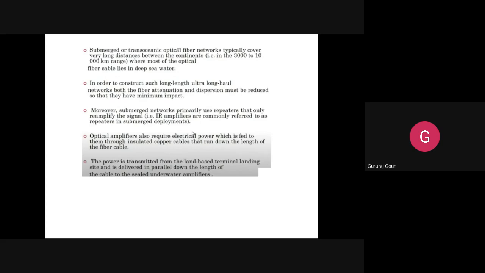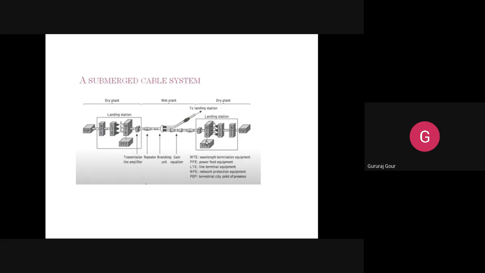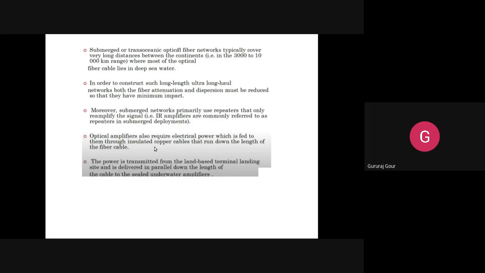They are similar to our IR amplifiers. The electrical power supply for these amplifiers inside the wet plant, where the repeaters consist of amplifiers, is provided through insulated cables.